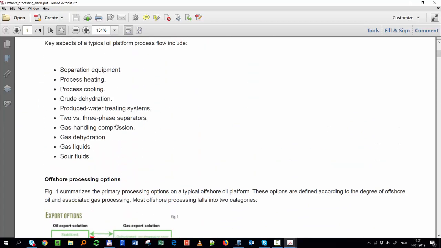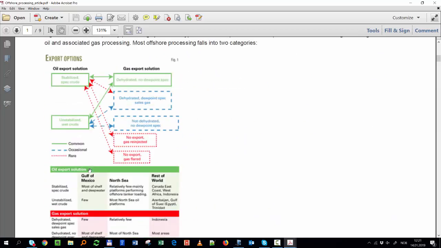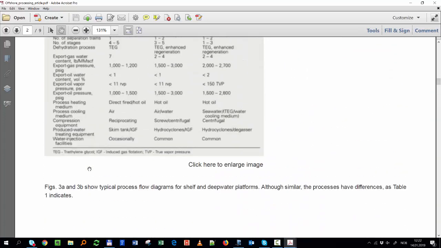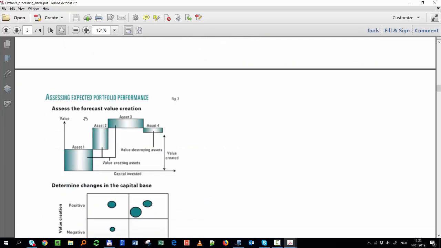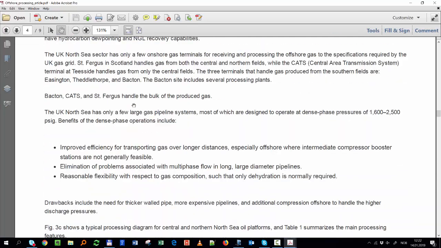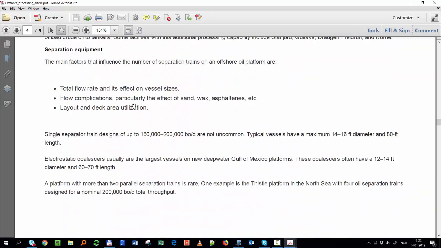John Campbell is one of the biggest training companies for oil and gas processing. He did a very nice summary of what you can find in the North Sea: what kind of specs, processes, and equipment are used there. If you have time, you should go and read it. It gives you an overview of what kind of processing is used, how many separators, etc.